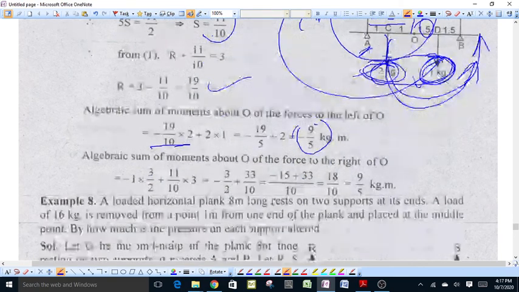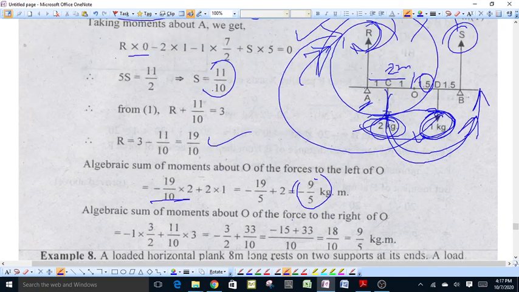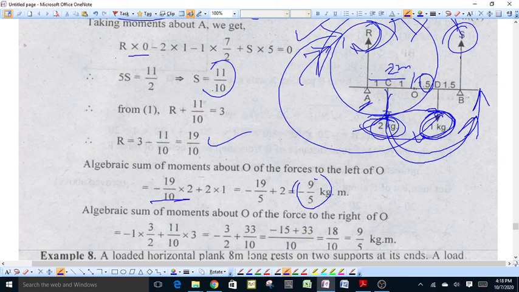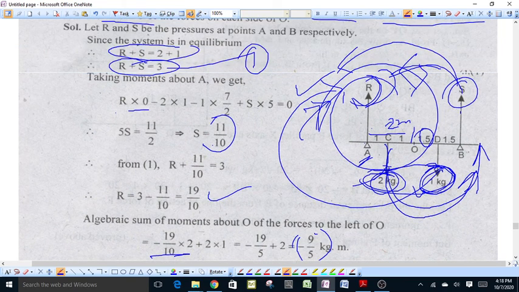and the algebraic sum of moments about O of all the forces which are to the right of O will be equal to, see, the moment of this force S about O will be of clockwise sense. Therefore, the moment of force S about O will be taken as negative. This will be equal to minus 1 into 3 by 2, and the moment of force S will be of anti-clockwise sense.